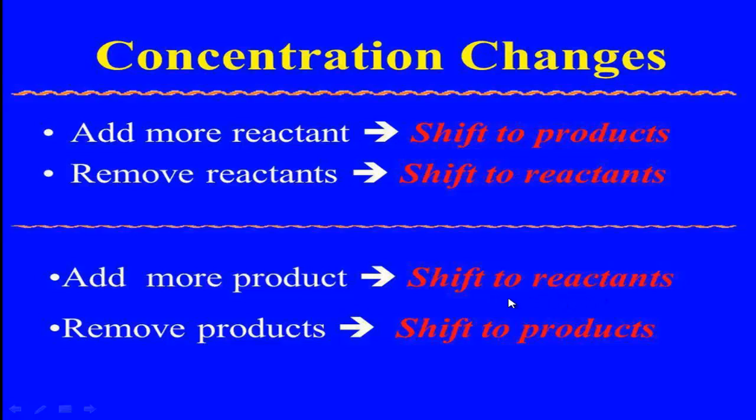That means the backward reaction rate will be increased, and the equilibrium position shifts to the left side. And if we remove the products, then the equilibrium position shifts to the right side to increase the amount of products. So in this way, we can easily identify the position of equilibrium in a reversible reaction according to Le Chatelier's principle.